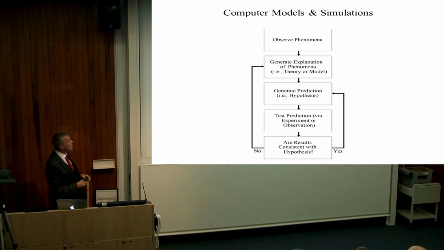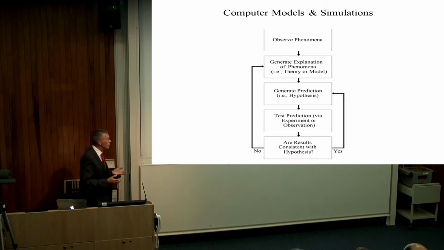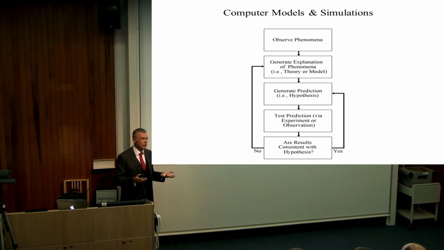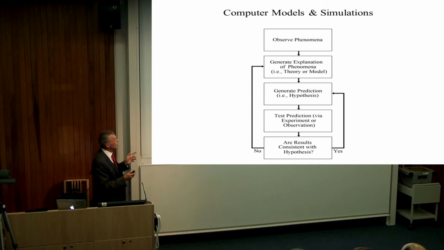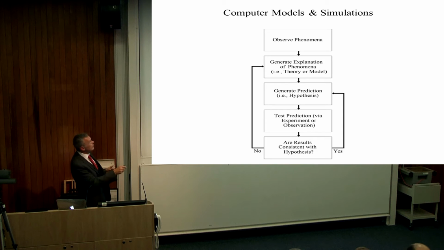So what I have here is a schematic diagram that basically just shows the scientific process, right? So anybody that's a scientist will recognize this. Science begins with observations. We observe phenomena that are interesting. And what we typically do is we try to generate some type of explanation of those phenomena. And these explanations can be of various types.